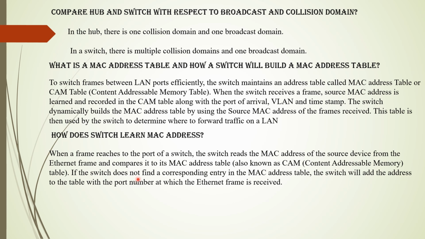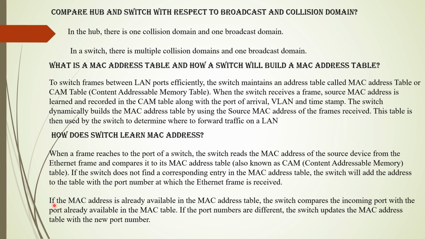If the switch does not find a corresponding entry, it adds the address to the table with the port number at which the Ethernet frame was received. If the MAC address is already in the table, the switch compares the incoming port with the port already in the table. If the port numbers are different, the switch updates the MAC address table with the new port number.